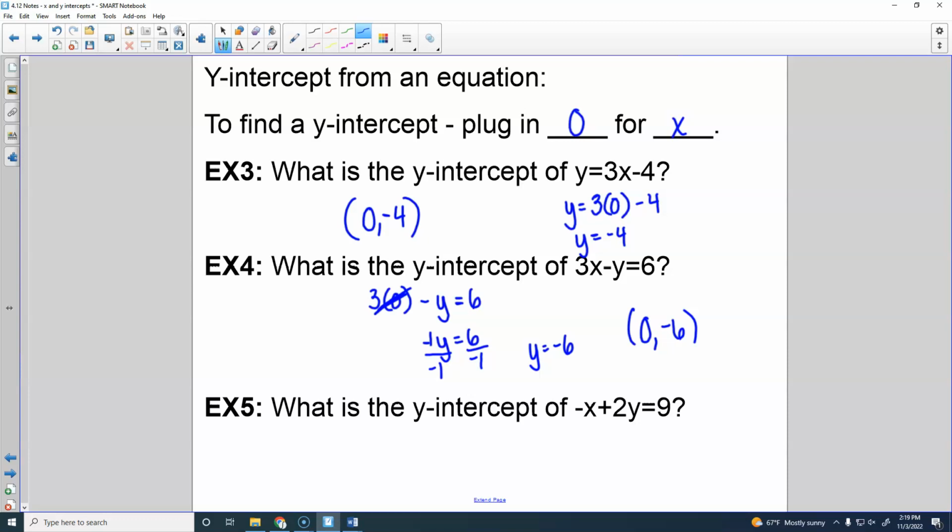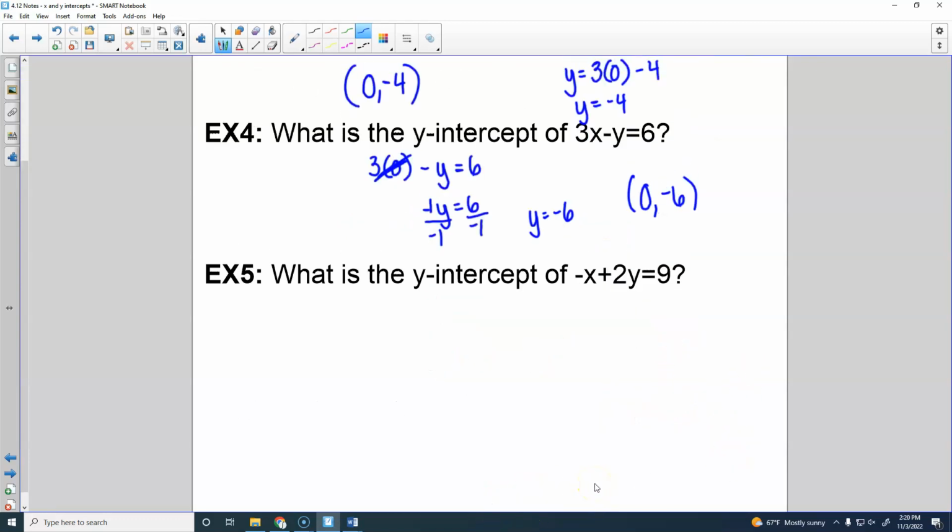If you want to do it even faster than that, we know we are going to plug in a 0 right there for that x, right? And that basically is just going to make that x and anything with it go away, correct? Leaving me with 2y equals 9.